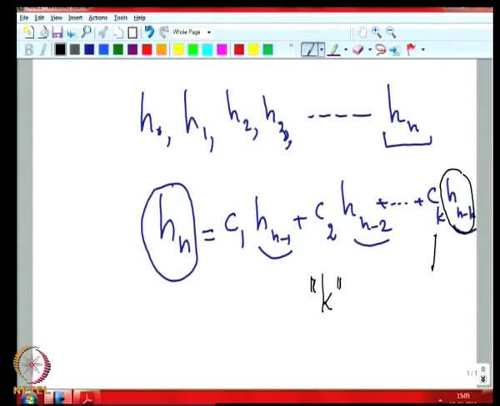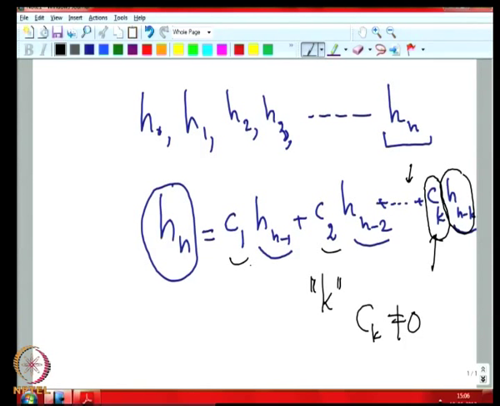So we are assuming c k is not equal to 0 here, because if c k was equal to 0 we could have stopped at the previous point, c k minus 1 times h n minus k plus 1. Then we would have used only at most k minus 1 previous terms starting from h n minus 1. Therefore, to say that it is of order k, we should make sure that c k is not equal to 0. The other terms may or may not be 0.